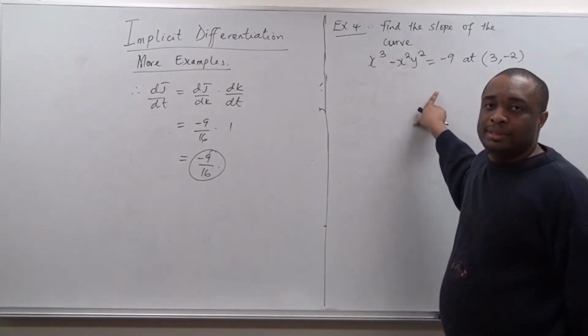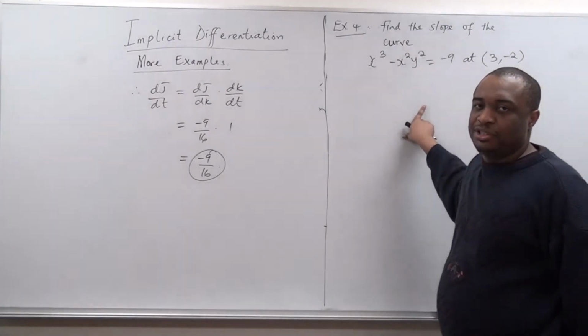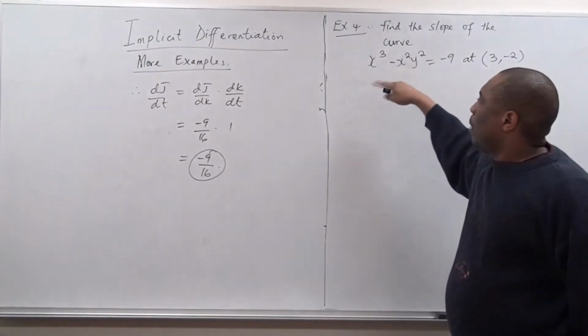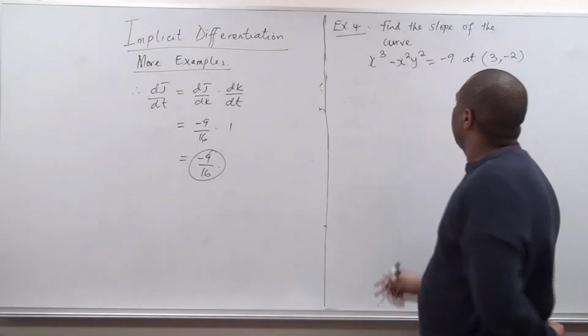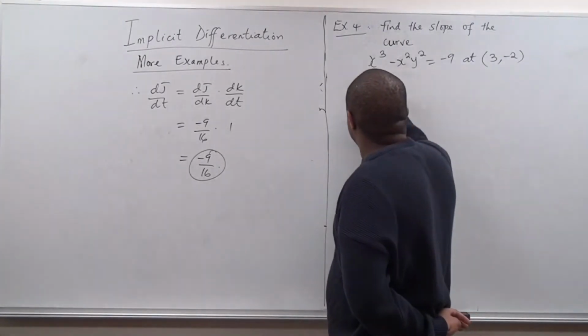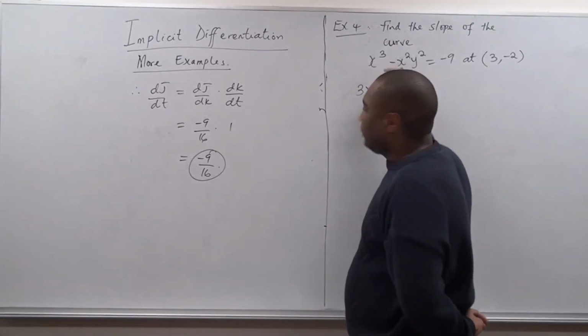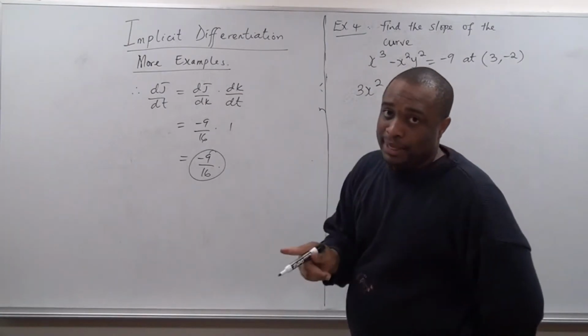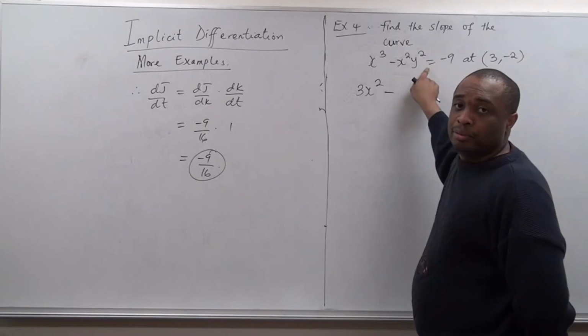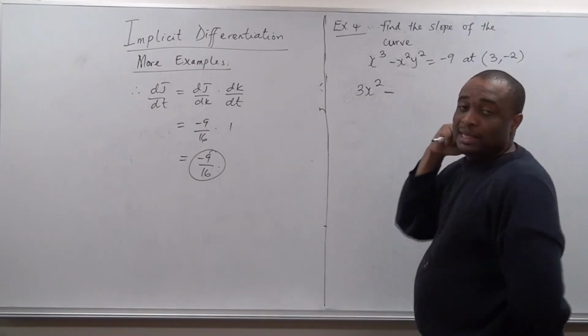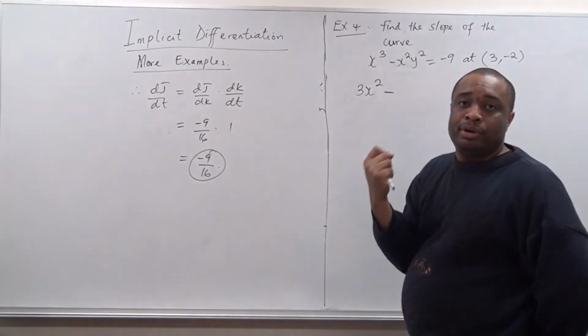So we are going to use implicit differentiation because y is not expressed explicitly in terms of x. So this will give us 3x squared, of course, then minus, now x is the independent variable, y is the dependent. Now here you use product rule, right? Because x squared times y squared, that is product rule.